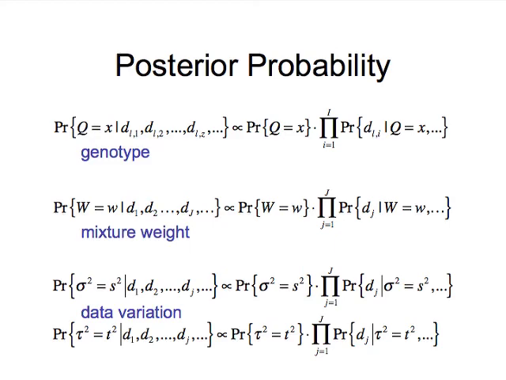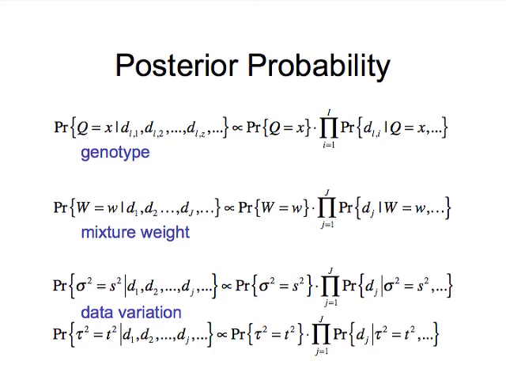And of course, amongst the hundreds of variables, data variation, and how much play there is in the peaks and what they're trying to tell us about the certainty of the data, which is critical for accurate DNA interpretation, is shown on the bottom for the scale parameters sigma squared and tau squared. That's the data variation conditioned on the data that were given in the problem along with the rest of the probability model.